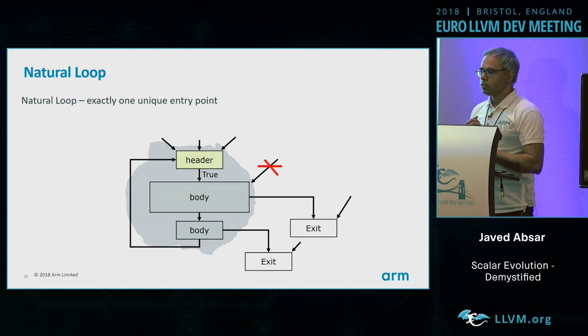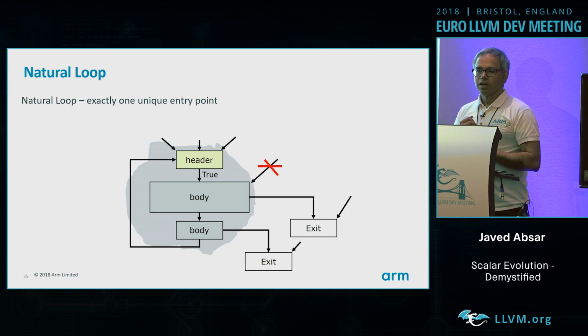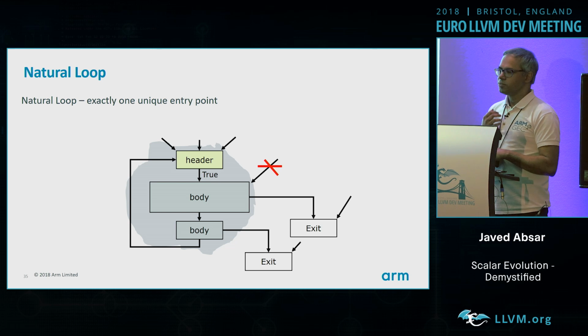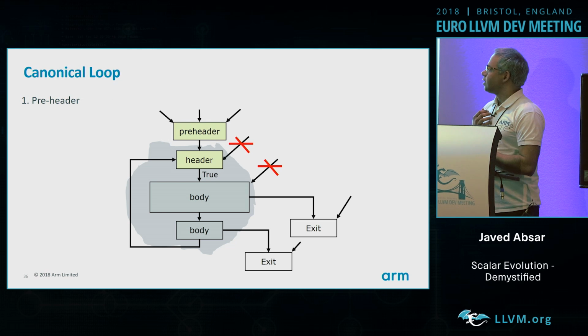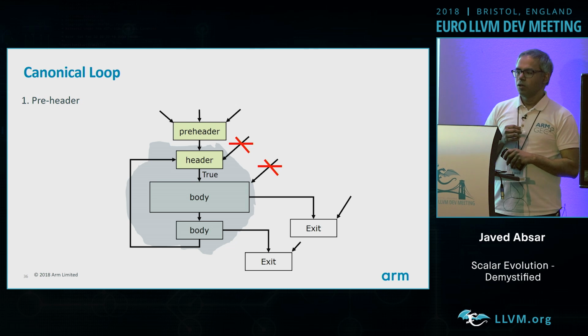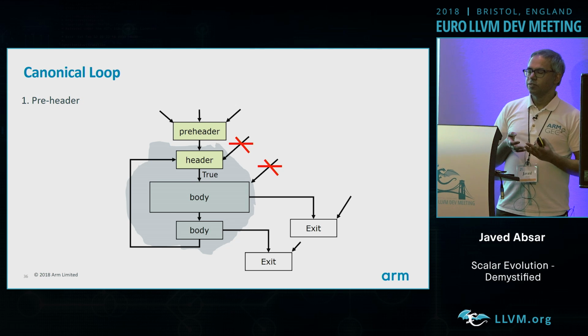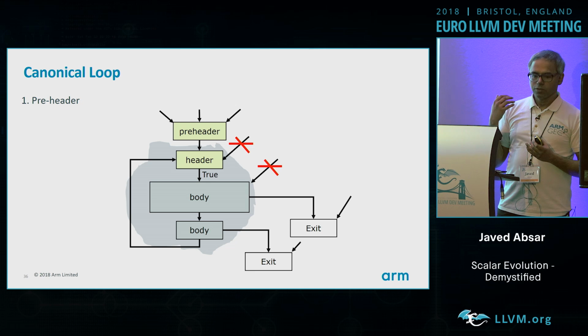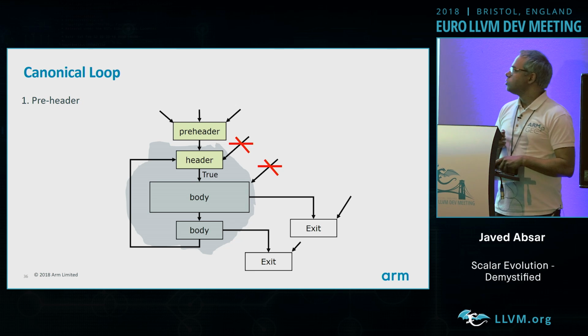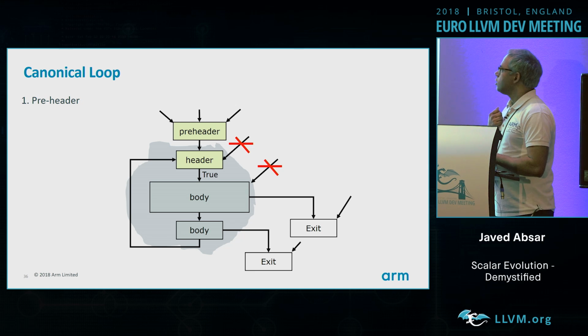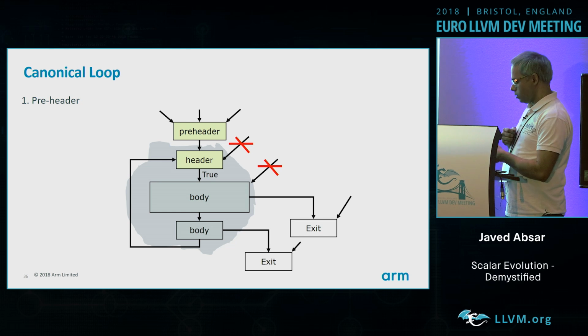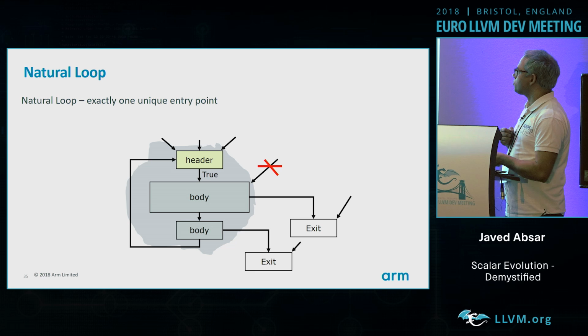Now, most optimizations are not just happy with a natural loop, they want something even simpler, and that's the canonical form. There is an API to check isLoopSimplifyForm, also known as simplified form. So what is a simplified loop? It has three things. First, a pre-header, which you can artificially create. If you wanted to hoist something out of the loop and did that in here, you would have three places to go and hoist the code.